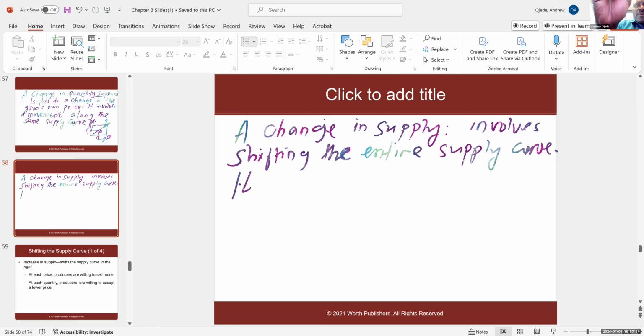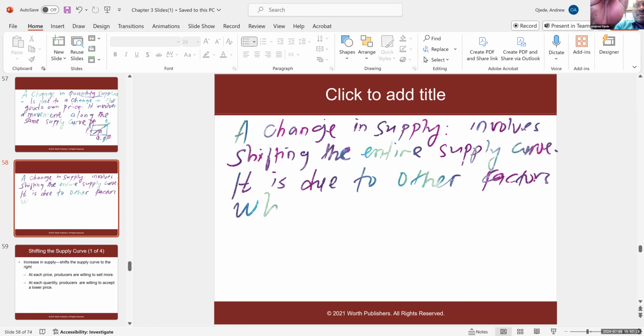It is due to other factors which affect supply rather than price.